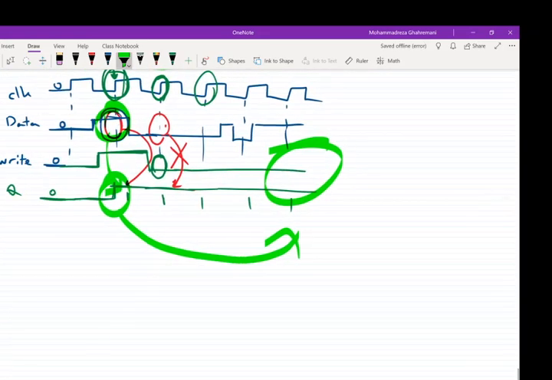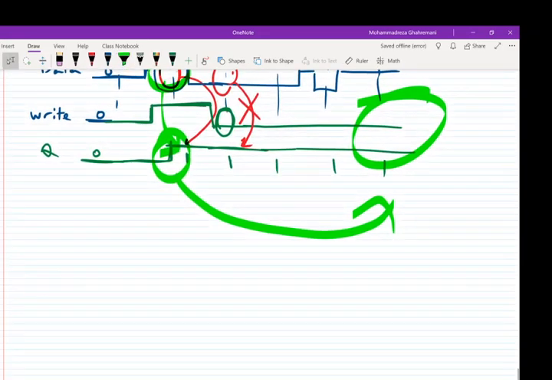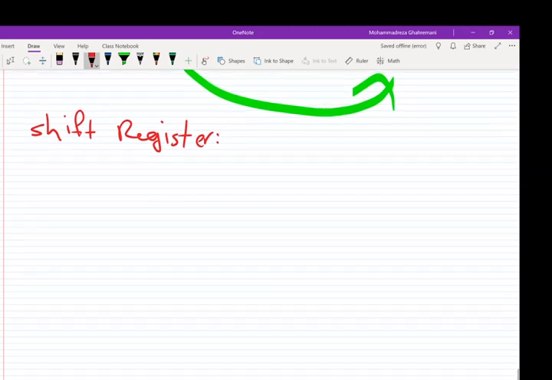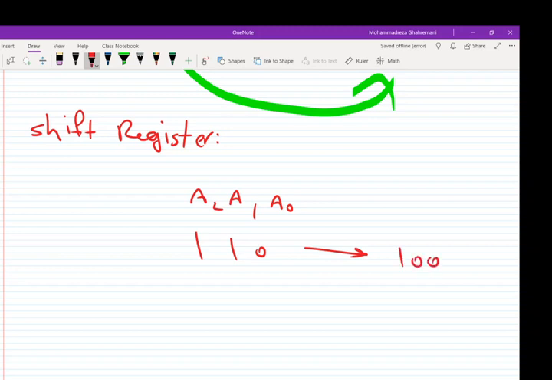But we have one other device called a shift register. What is a shift register? It's like a register that provides the ability to shift its content. Like if A2, A1, A0 is 110, a shift register is able to shift it to the left like this, or shift it to the right like this.